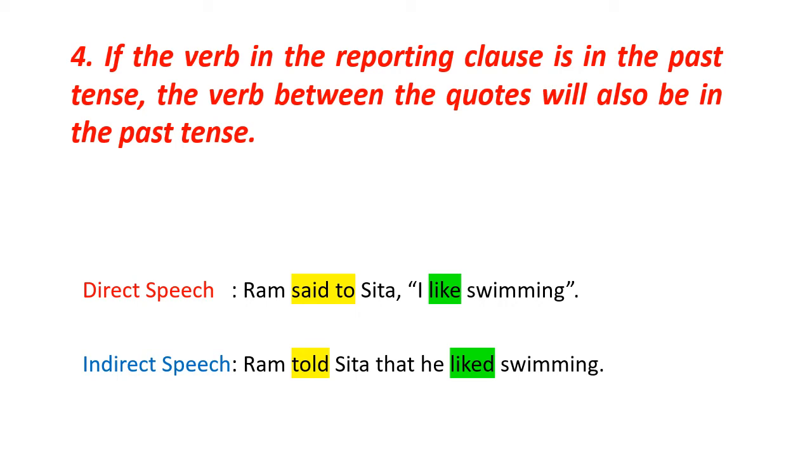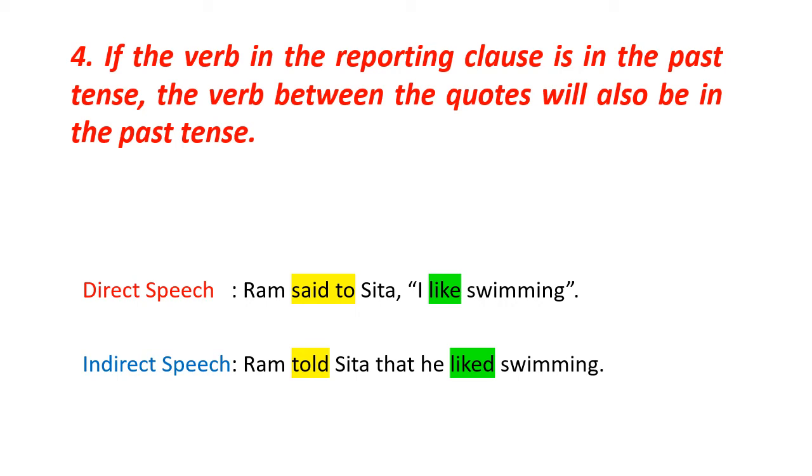We'll check it in indirect speech. Ram told Sita that he liked swimming. You can observe two changes here. "Ram said to Sita" becomes "Ram told Sita" in indirect speech. I highlighted these two parts.